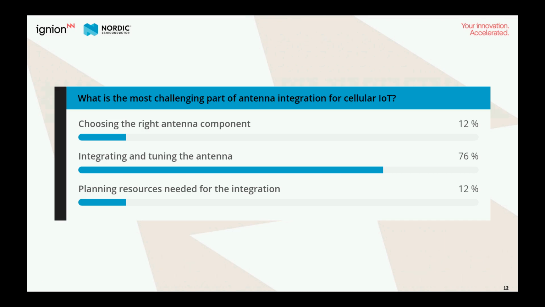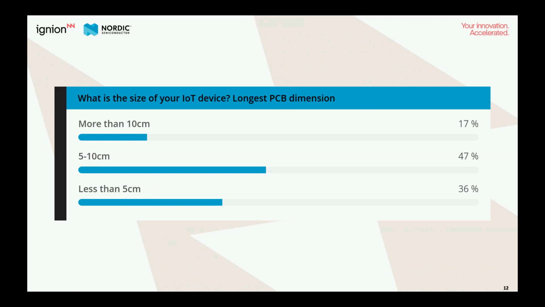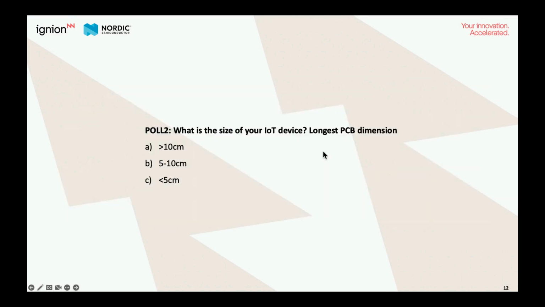Let's see the results. Most people are developing a product that is between 5 to 10 centimeters in the longest dimension, which is very in line with what we see. So that is great. Jaume, you will also explain what that means for the design. So with that, I will give the microphone to my colleague Jaume.